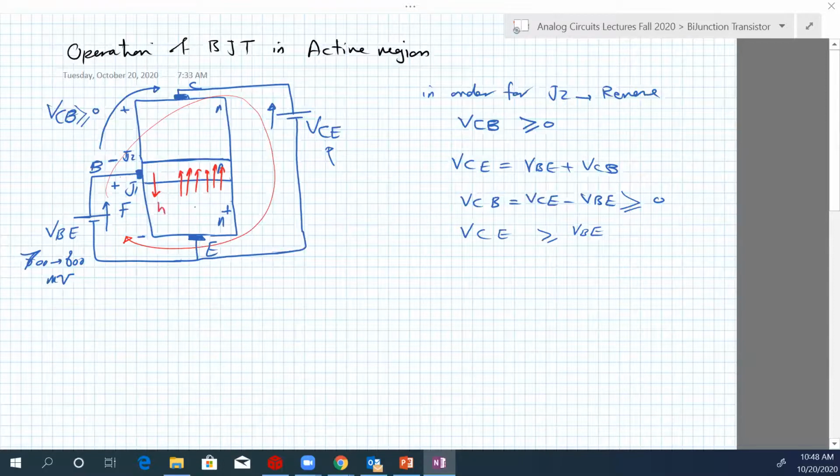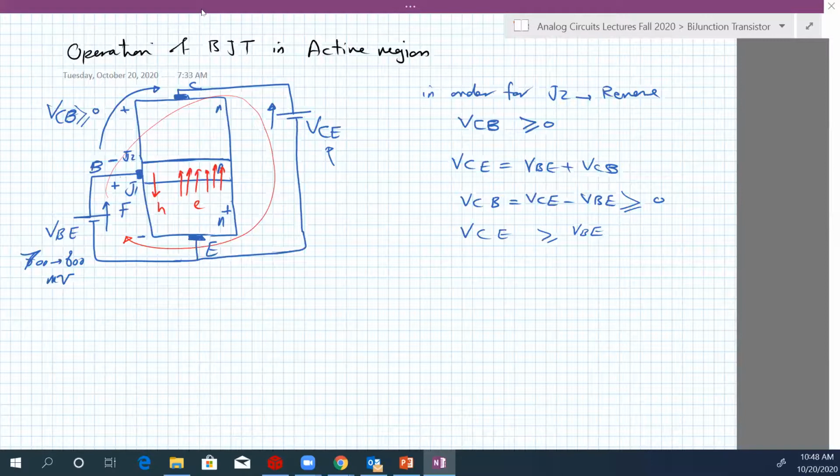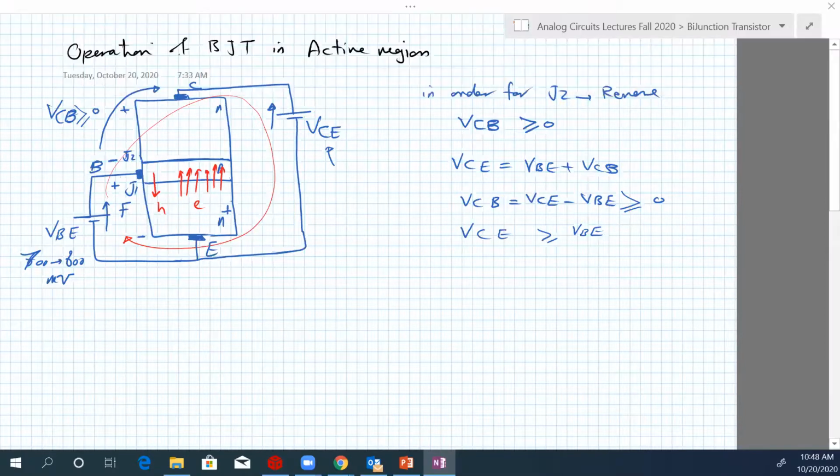Based on principle 1, I_E will be much larger than I_hole.